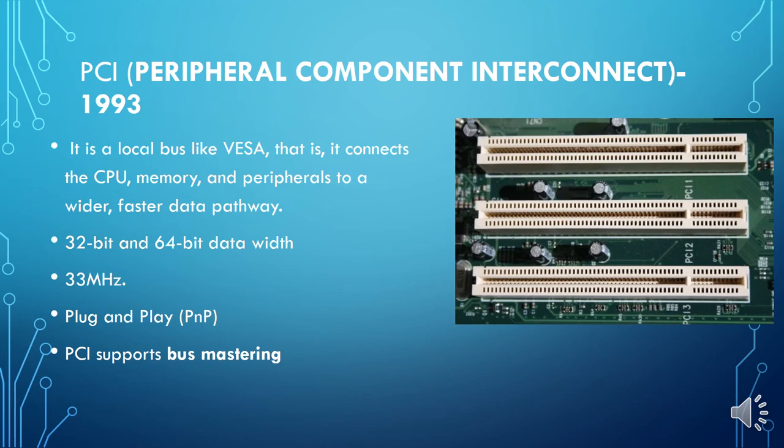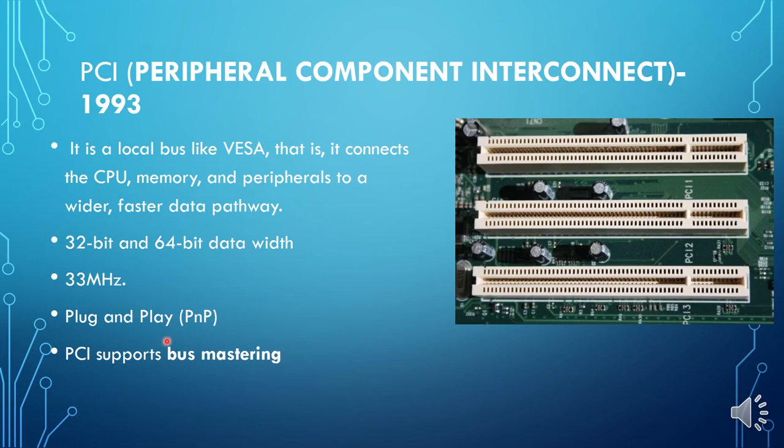It connects the CPU, memory and peripherals to wider, faster data paths. It supports 32-bit and 64-bit data bandwidth, 33 megahertz and plug and play. What do you mean by plug and play? Plug and play means you plug in the device into the PCI slot, then it will start to play, means it will start to perform.